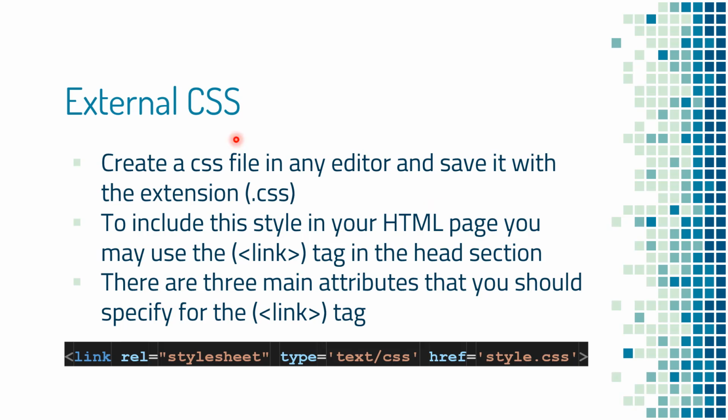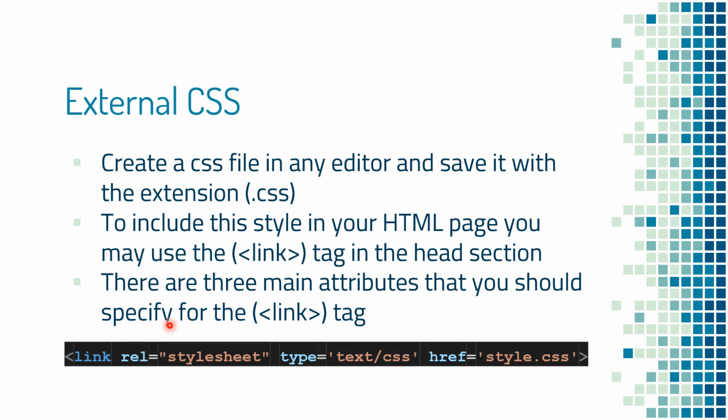To include this external CSS file, we usually use the link tag, and the link tag should be placed in the head section of your web page. For this tag, there are three main attributes that you should specify.